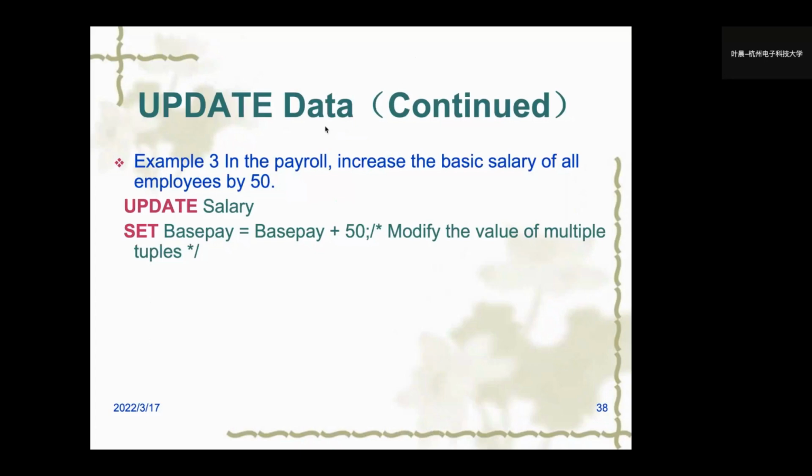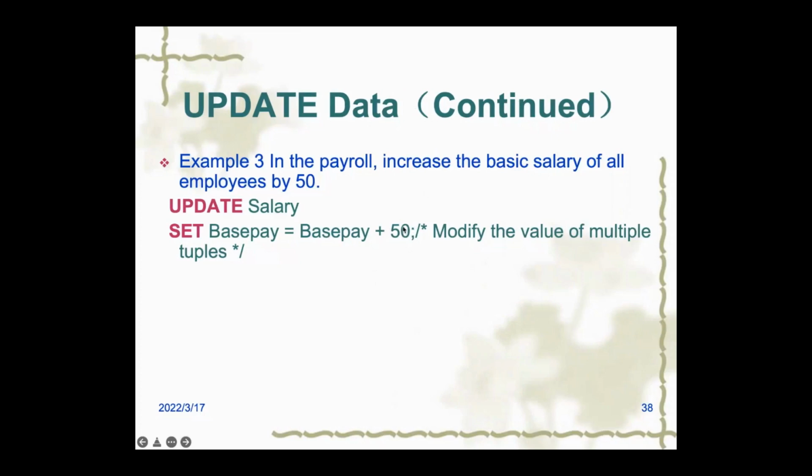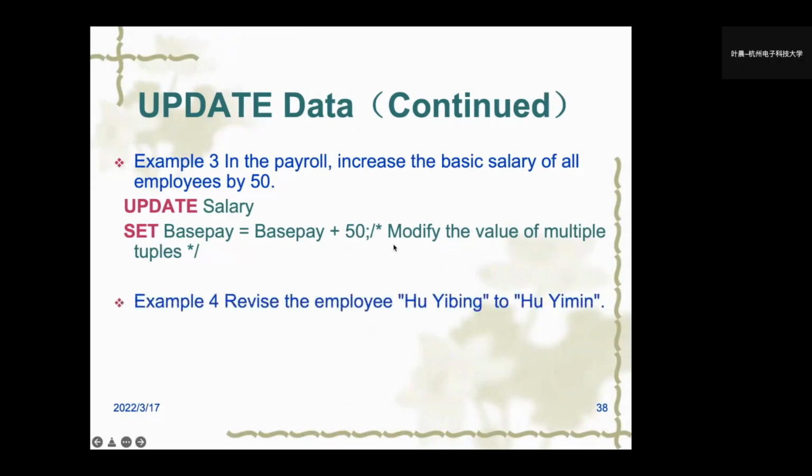For example, in the payroll, if we want to increase the basic salary of all the employees by 50, we can use update salary, which is the table name, and we need to set the base pay equal to base pay plus 50, which we use to modify the values of multiple rows.